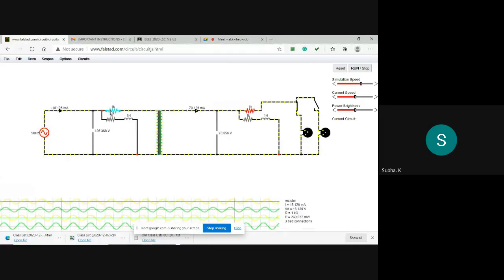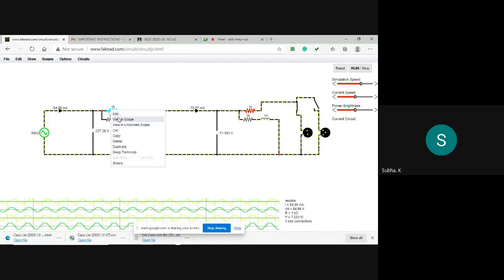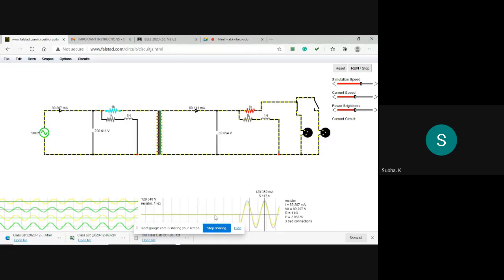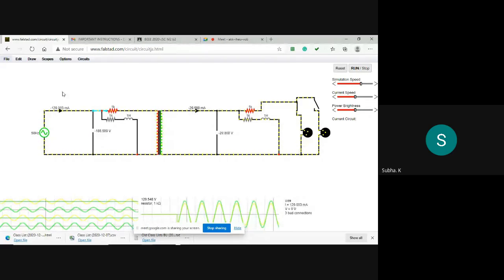Okay. And here I will note down only power. There are three bad connections it's showing. Maybe I connected them badly, because of which the answer is not coming. Here only the power alone you note.